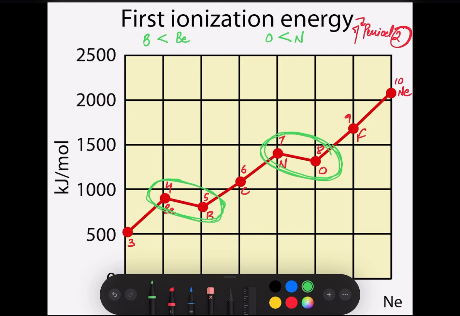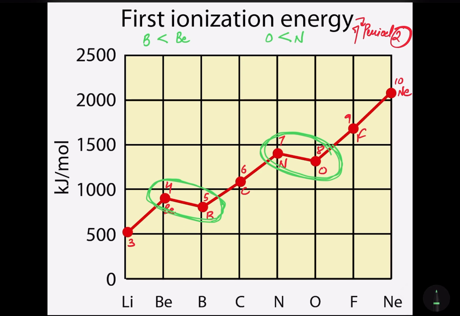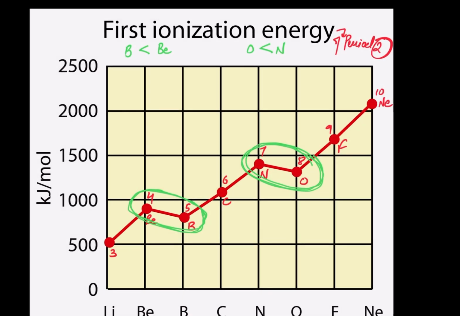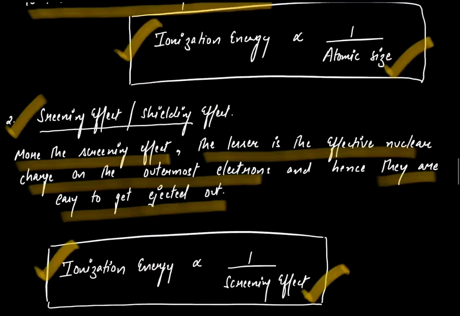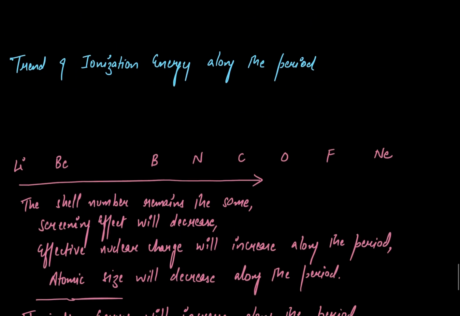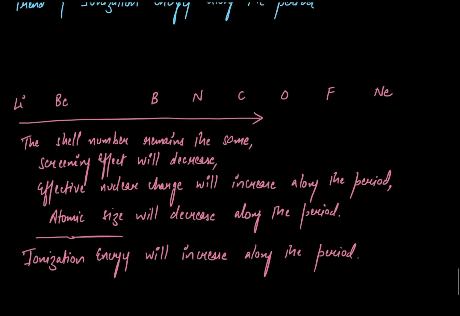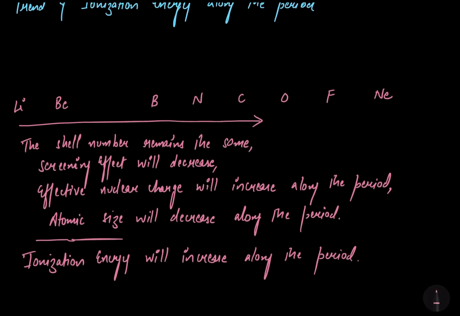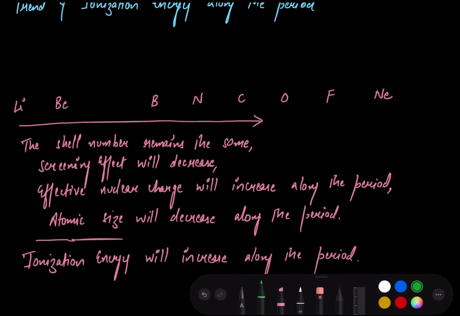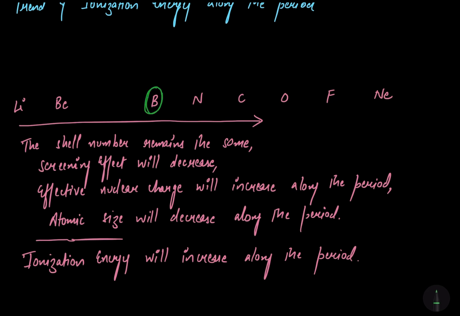So now let's discuss these anomalies in our notes. I'm coming back to the notes. Now, what's the exception? The exception is that boron has a lower ionization energy than beryllium, but according to the rule, it must increase.